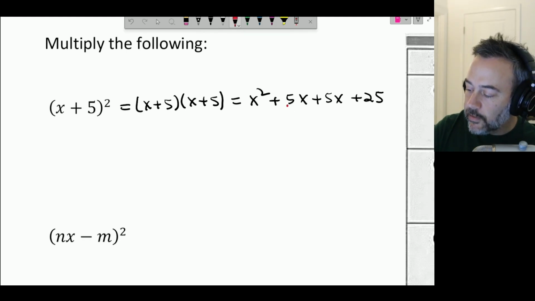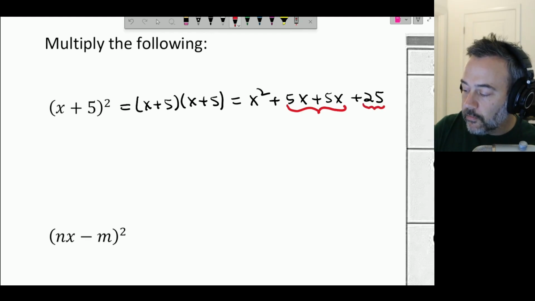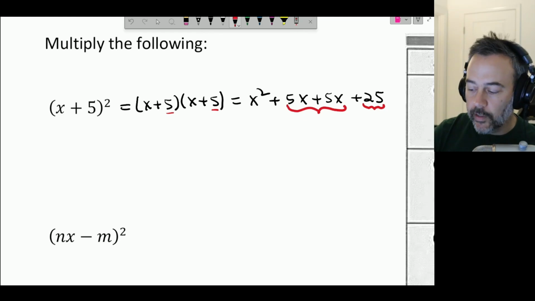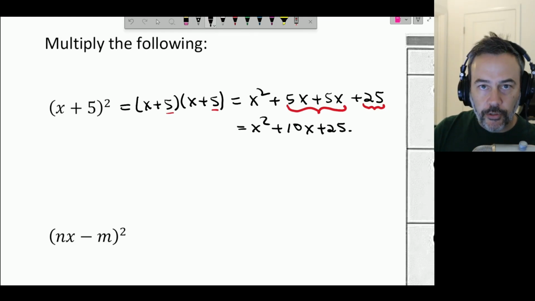Now just notice that we got 2 of the same thing in the middle. That's a consistent thing. And because these numbers are the same, we get the number squared. X squared plus 2 times 5x, which is 10x, plus 25. Not too bad.